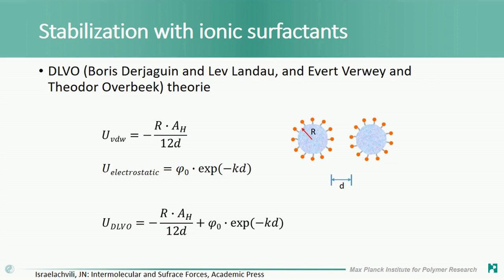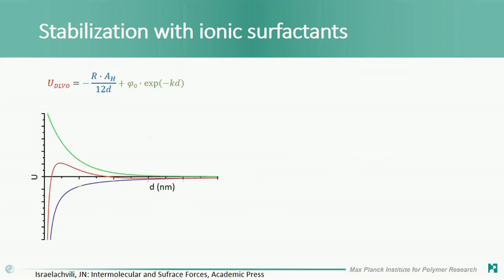So the total energy in the system between those two droplets could be summarized just by adding those two different forces. What we observe is that as the distance between two particles decreases, the attractive van der Waals force increases. And as the two particles get closer, the electrostatic repulsion also increases.